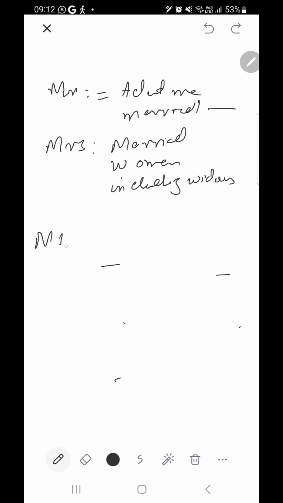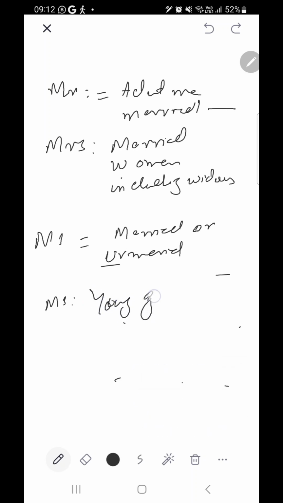Ms. is used for both married or unmarried women, and Miss is used for a young girl or unmarried woman.